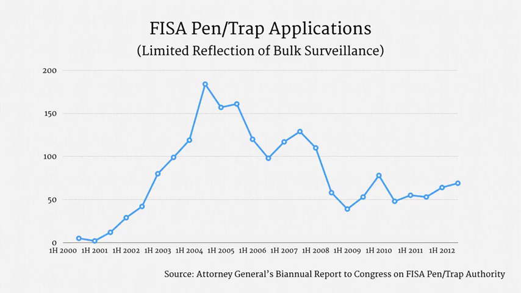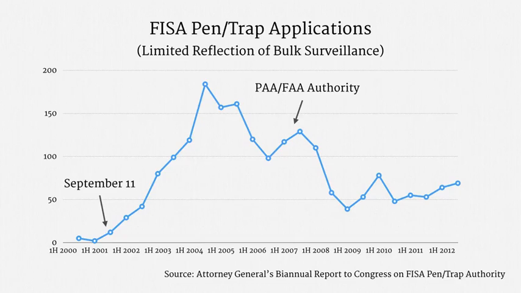I'd like to emphasize two features in the graph, both very similar to what we saw with FISA wiretap orders and physical search warrants. In the years following the September 11th attacks, FISA pen trap orders greatly increased. Then, after the executive branch received the Protect America Act and FISA Amendments Act surveillance authorities, FISA pen trap applications dropped off.